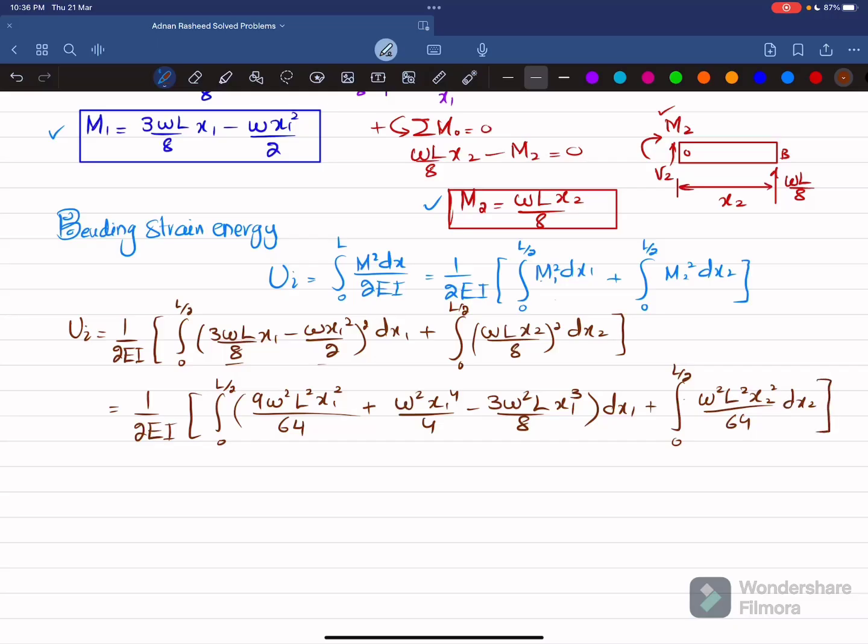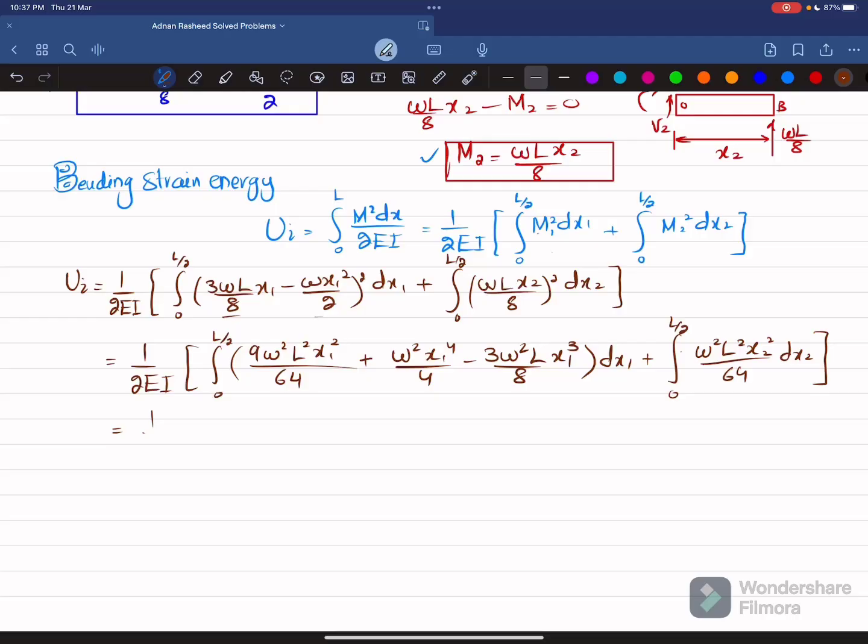Now if you further expand it, it will be equal to 1 over 2 times EI, and that will be integral of 0 to L by 2 9 W square.